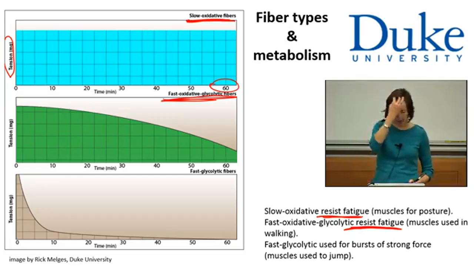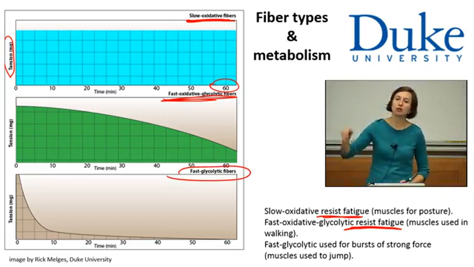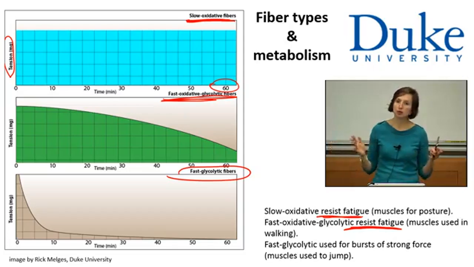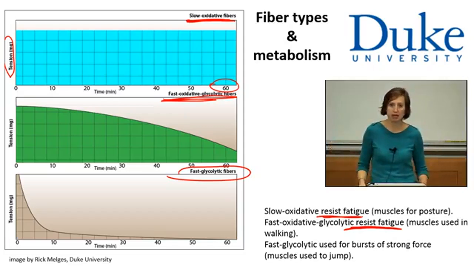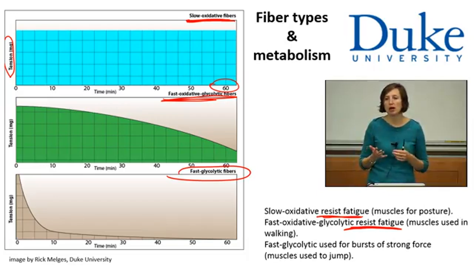And this is in contrast to the fast glycolytic fibers that also have fast myosin ATPase, but they rely very heavily on glycolytic metabolism, which we said is going to last about 1.5 minutes. And so they can produce a lot of force quickly because it's a fast ATPase, and they tend to be larger in diameter.